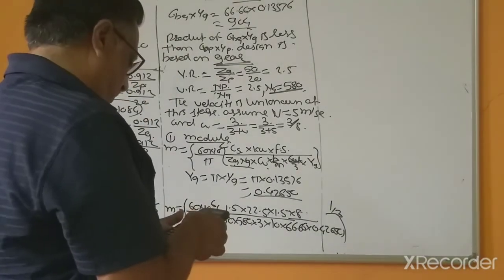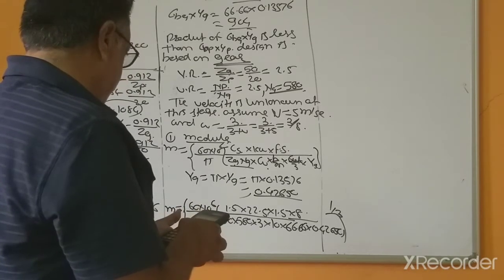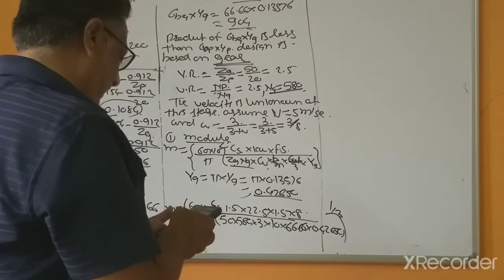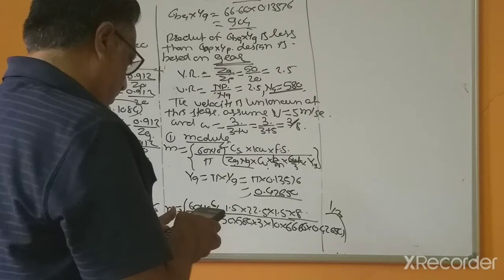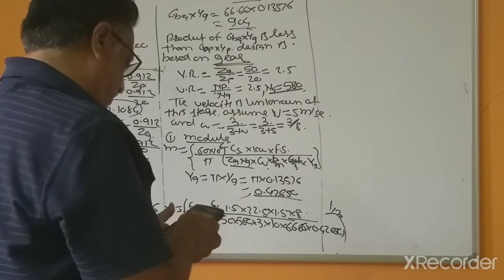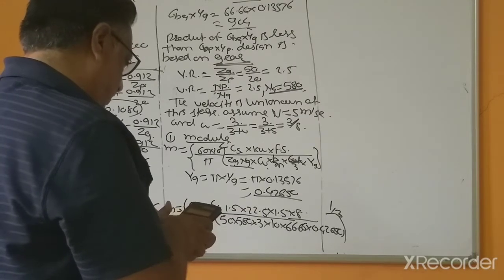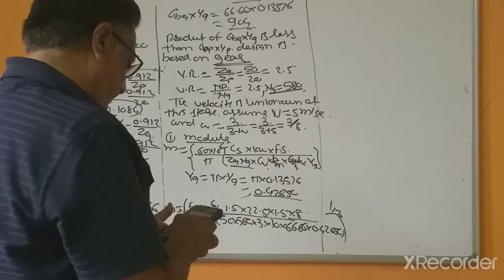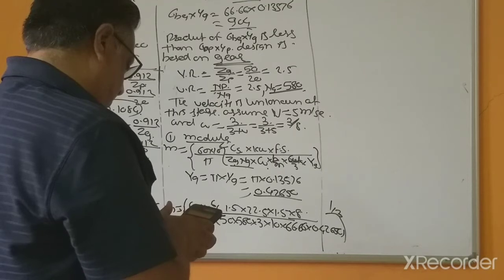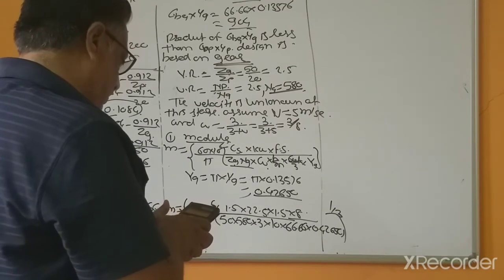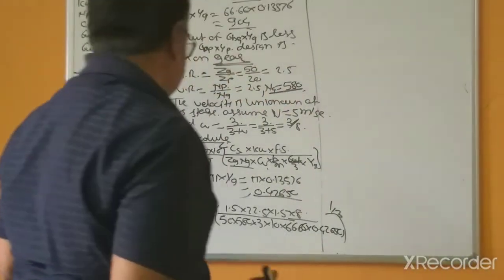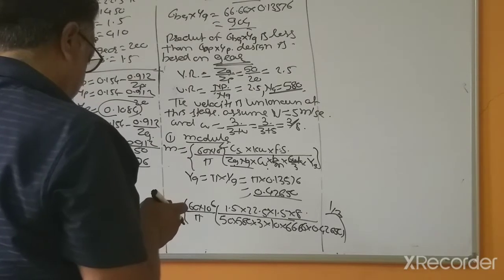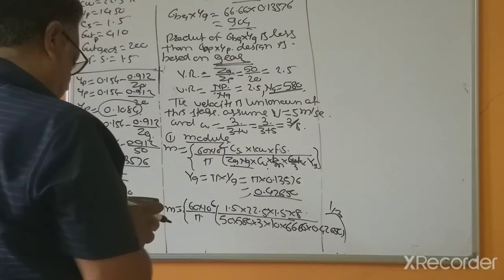So m equal to what? We'll go step by step. 60 into 10 to the power 6 divided by pi, multiplied by 1.5, multiplied by 22.5, multiplied by 1.5, multiplied by 8 divided by 3, divided by 50, divided by 580, divided by 10, divided by 66.66, divided by 0.13576.